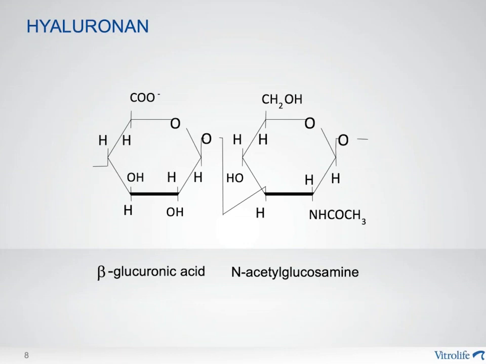Now, hyaluronan is ubiquitous throughout our bodies. It's present in the vitreous of our eye and the synovial fluids of our joints. And for those of us who are getting a little long in the tooth, in its cross-linked form, it acts as an excellent dermal filler to get rid of those age lines.